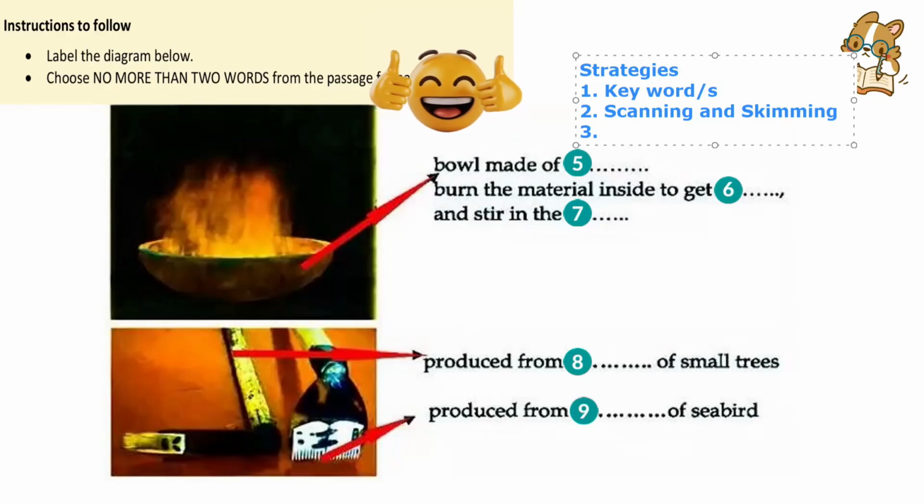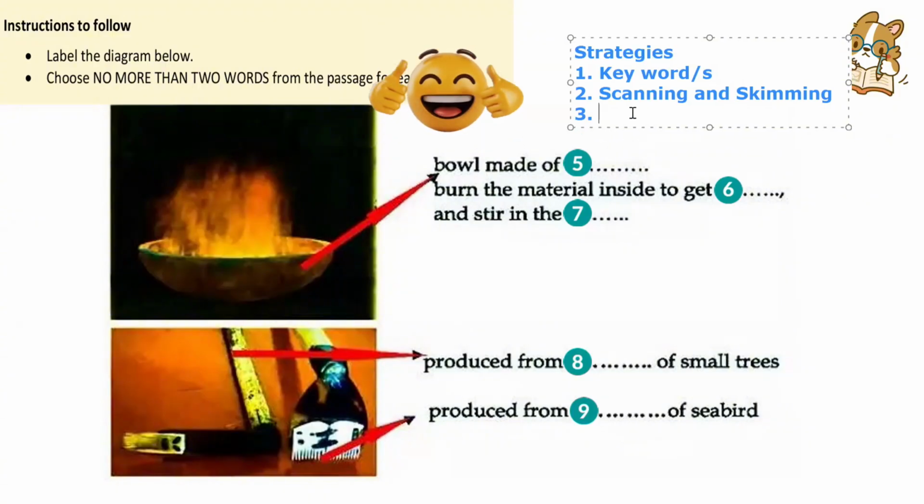Scanning is looking for some words from the question found in the paragraph. And skimming is reading the paragraph very quickly and seeing the main idea or what the paragraph is about.